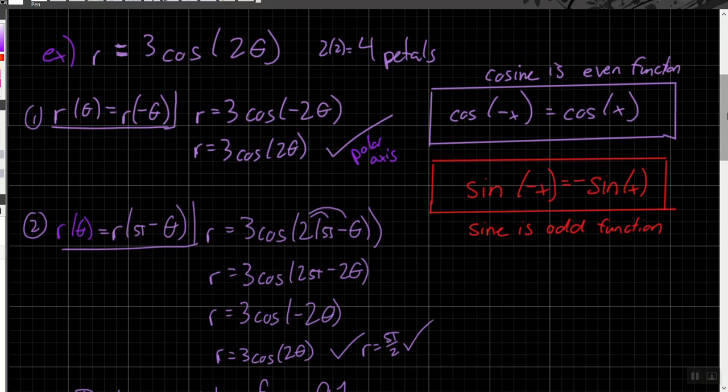I'm just changing theta to minus theta. So instead of theta, we're making it a minus theta. Whenever we see theta in our equation, we're going to plug this in. Okay, just changing it.